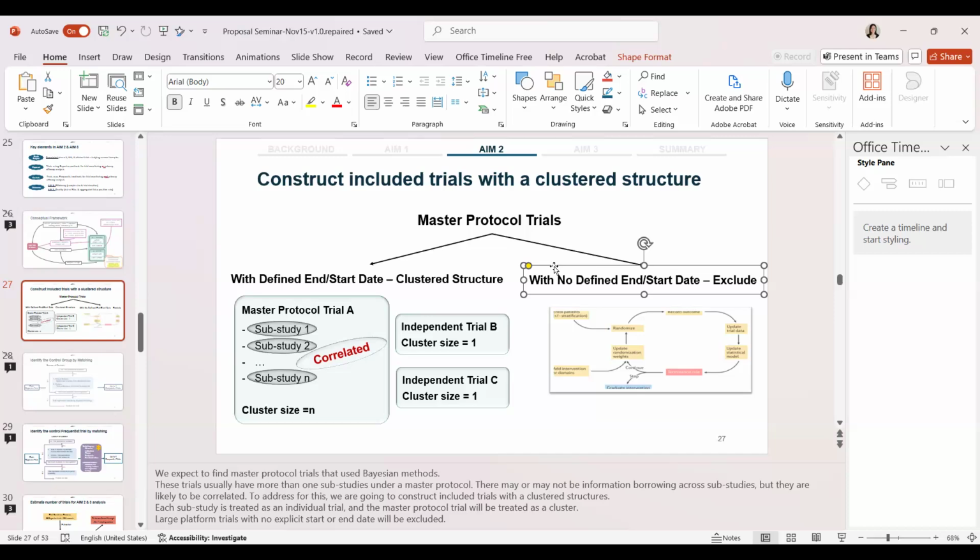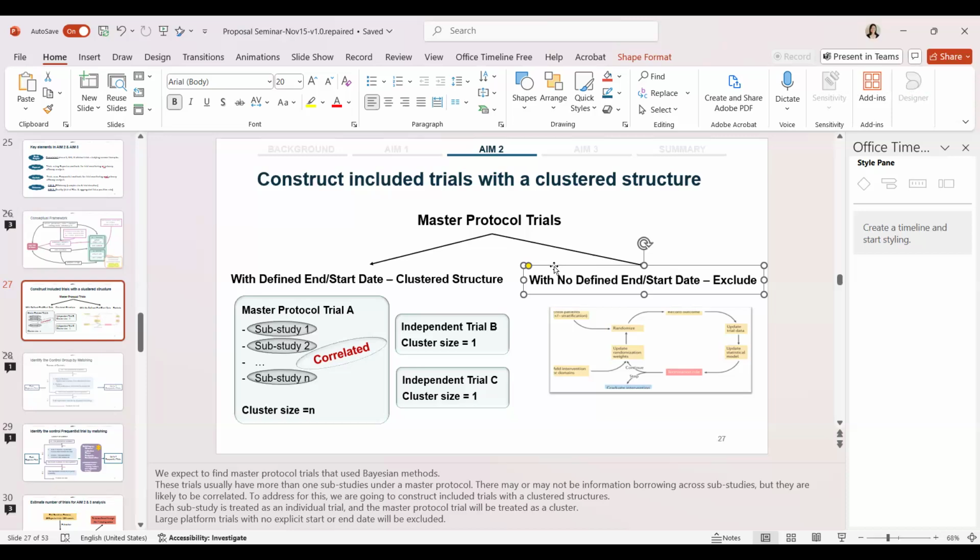Under those circumstances, with trials that run forever, with no defined start or end date, I will exclude them, since those trials have their own structure that is not just Bayesian. It's a different beast than what we normally think of as phase 1, phase 2, phase 3.